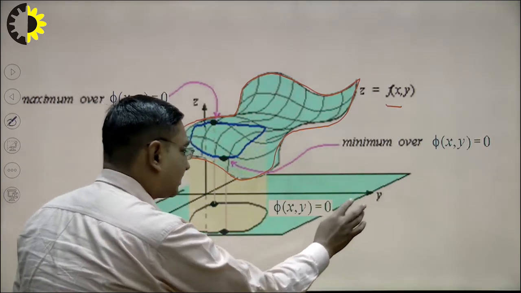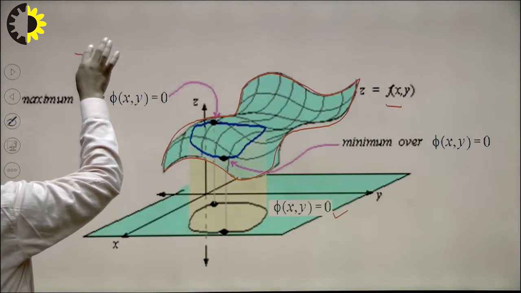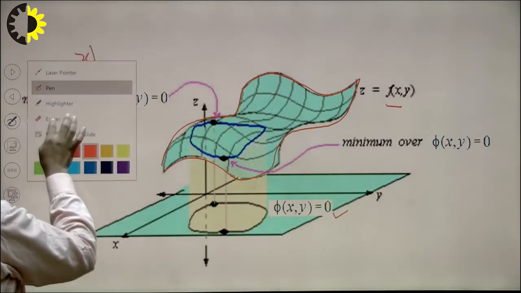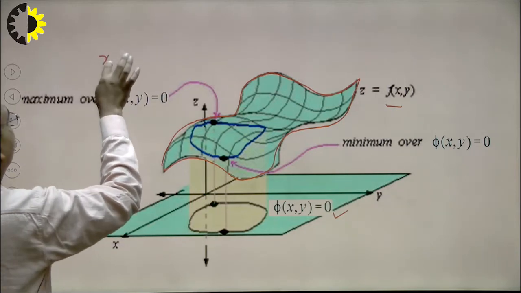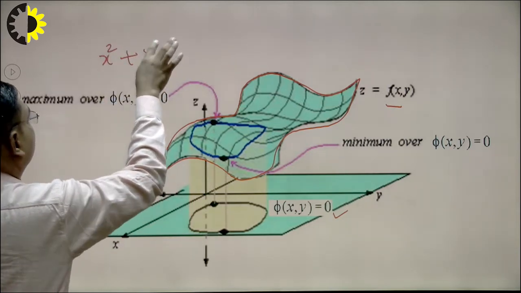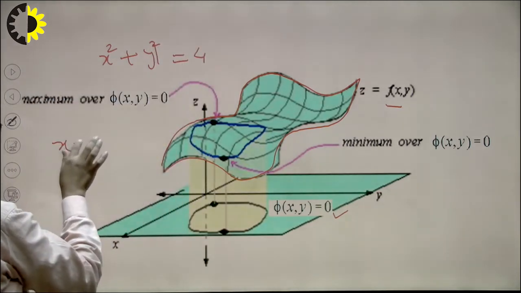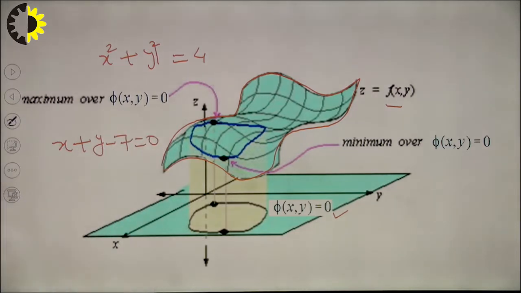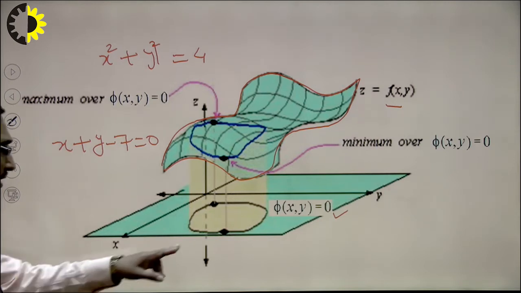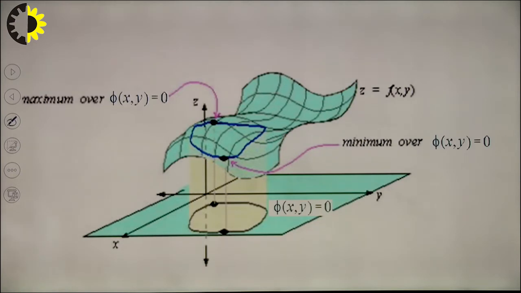This phi(x,y) equal to 0 is a curve in the xy plane, because it may be x squared plus y squared equal to 4, or x plus y minus 7 equal to 0, or any other equation, but when we consider it on the xy plane it gives a curve in the xy plane.